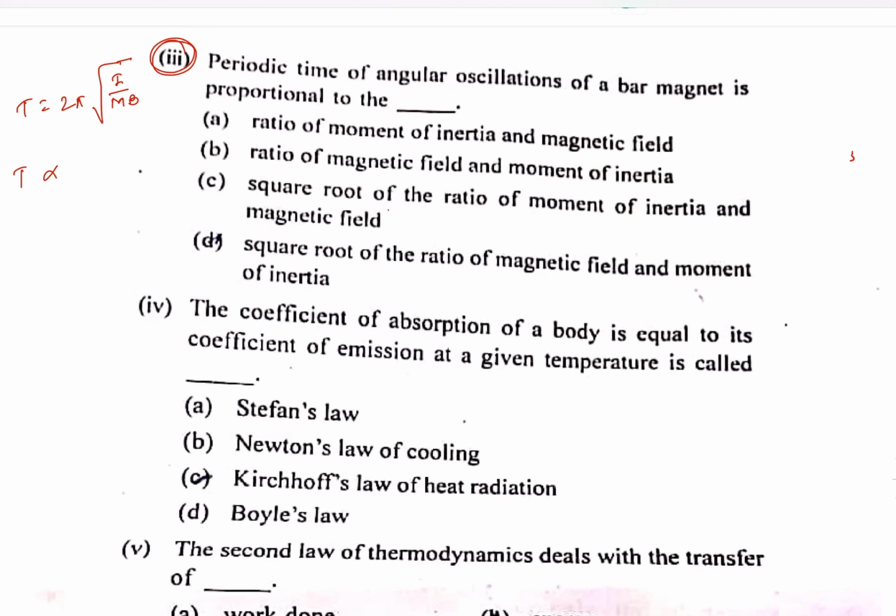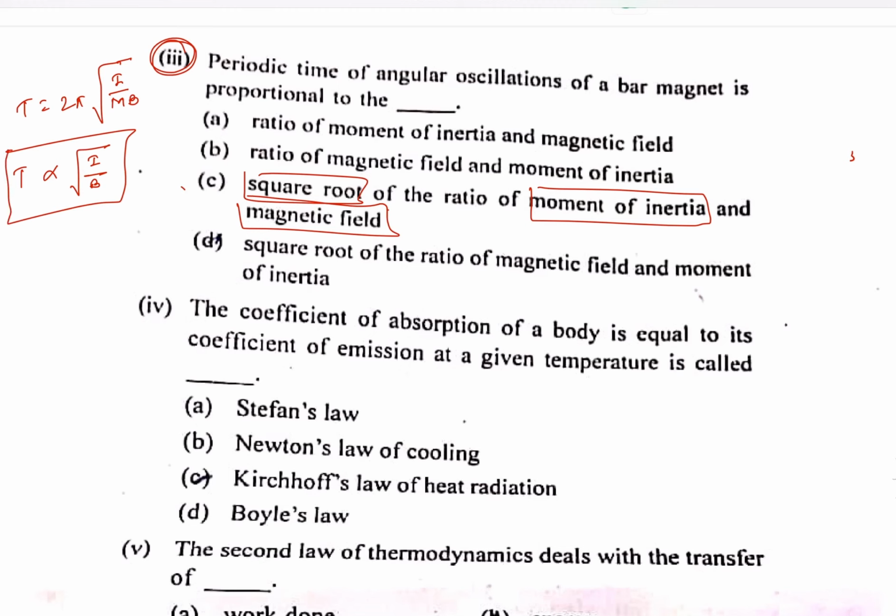So option C, square root of ratio of moment of inertia and magnetic field. So T is proportional to root of I divided by B. This is the correct option, written in option C. So option C is the correct answer for question 3.